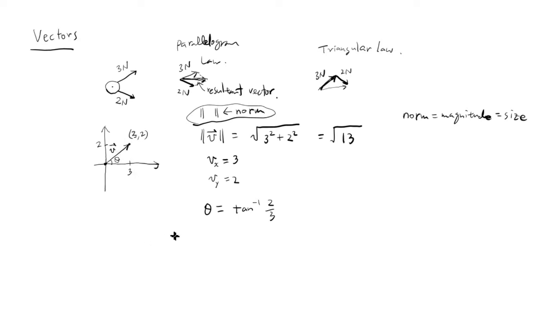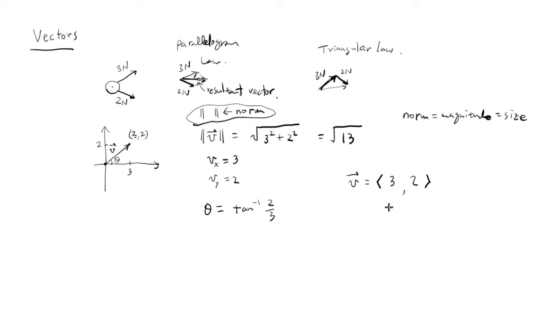Okay. Now, when it's a vector, you want to write it using angled brackets. So write it like 3, 2 with angled brackets. Now this is not always the standard.